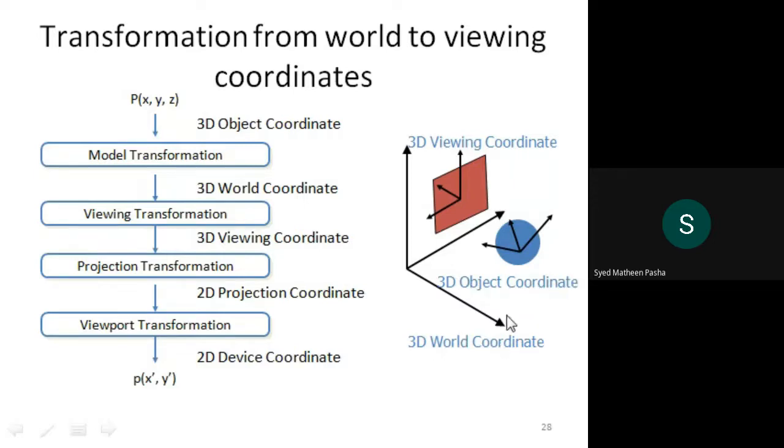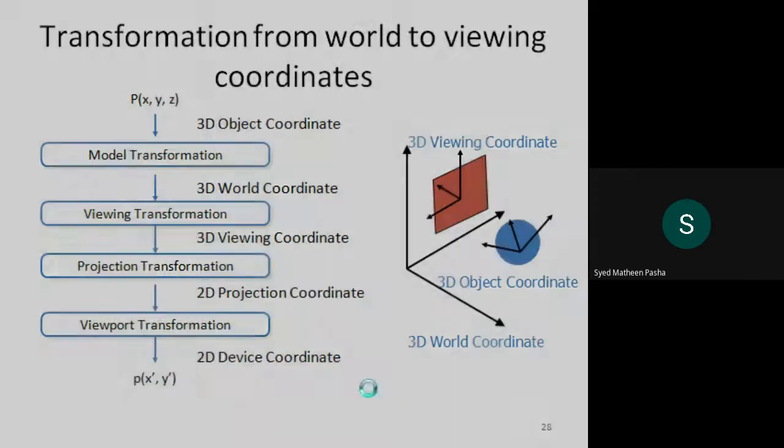So the world coordinates come basically outside the axes, which are not included in the three axes, that is x, y, z. So this is the simple representation of transformation with respect to world to viewing coordinates. So you can check out here. Here is the world coordinate. After conversion, the viewing coordinate you get in this plane, that is the xy plane.